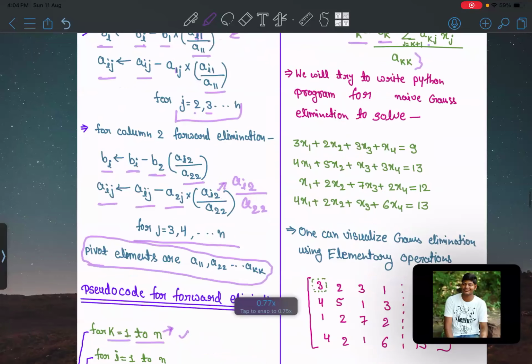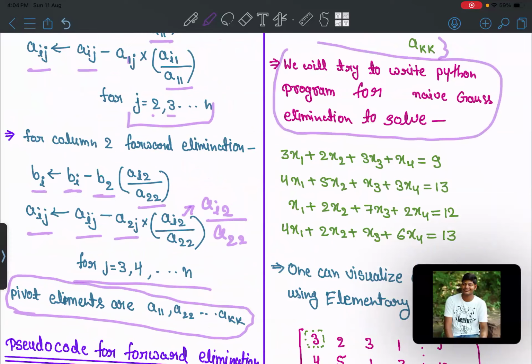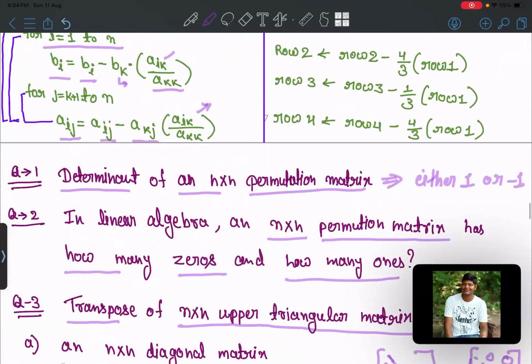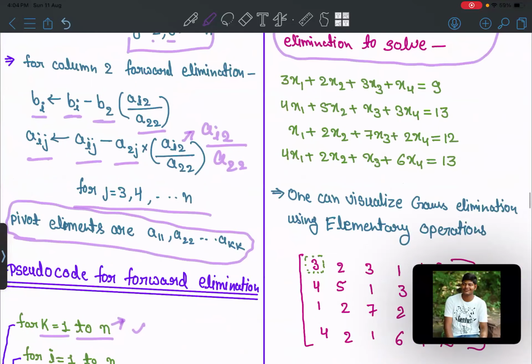Now we'll try to represent the Gauss elimination technique in a computer program. Before going to the computer program, we need to see the pseudocode. So this is the kind of pseudocode.